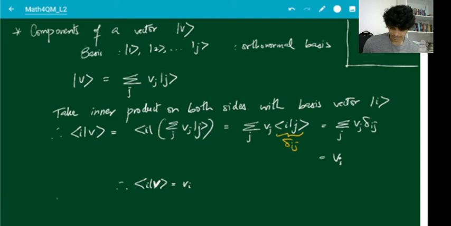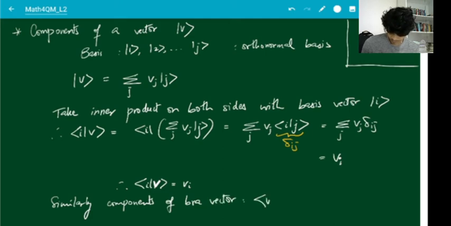Similarly, you can check if you want the components of the bra vector, then you take the dot product with i on the other side and you will get this to be vi star.